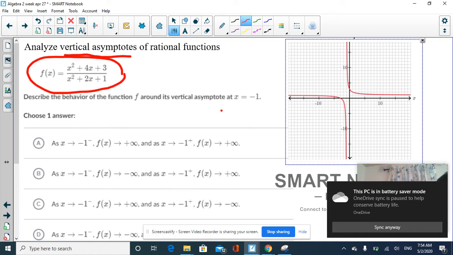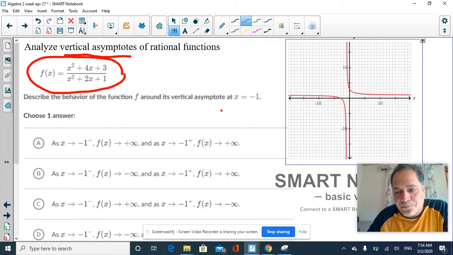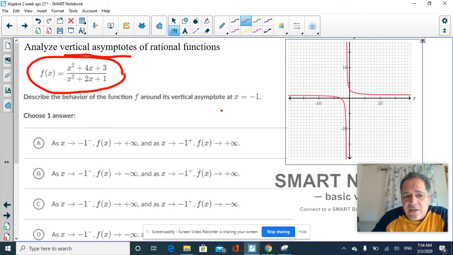After you graph it by calculator, what are you going to do? Check the graph. It's clear you have a vertical asymptote at x equal, I think, -1. If you check here, vertical asymptote, and check the function from left and right.